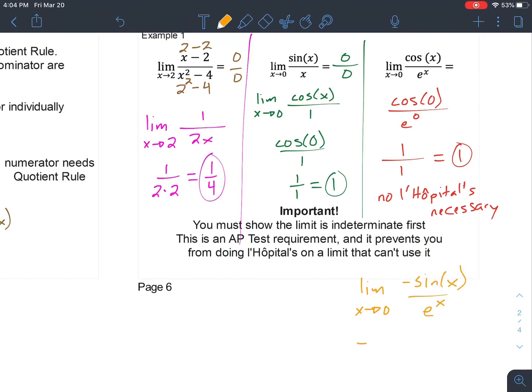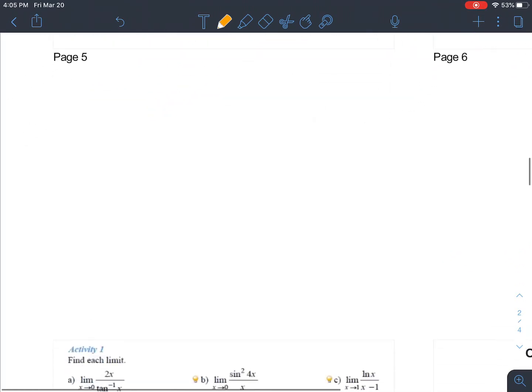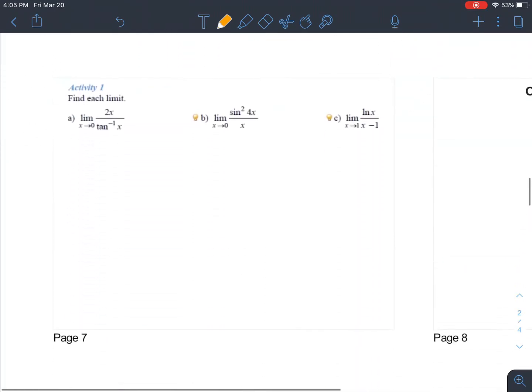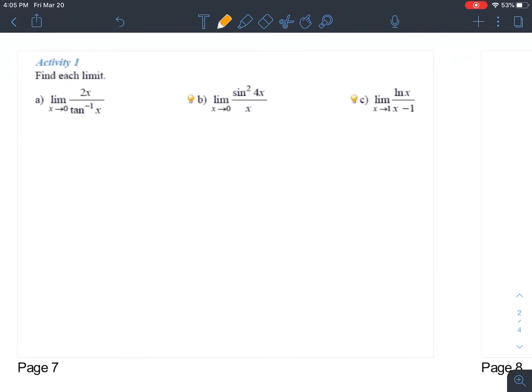If we put in 0, then we get 0 over 1, and we're not supposed to have 0 because we've already demonstrated that the answer was supposed to be 1. So that's why we could not have done L'Hopital's in order to solve the last one. It doesn't even get us the correct answer. So that's very important. Just make sure that you show it's indeterminate before you try to do L'Hopital's.